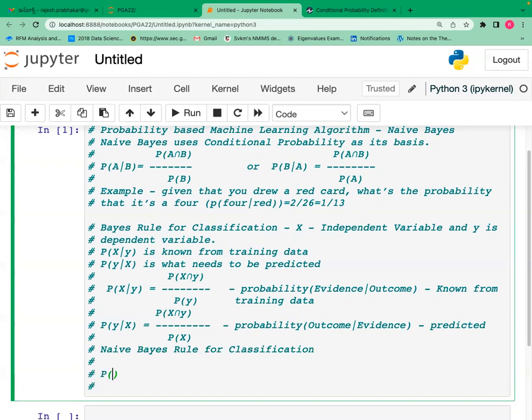The naive Bayes rule for classification is: probability of y given x has occurred is equal to probability of x given y has already occurred multiplied by probability of y, divided by probability of x.